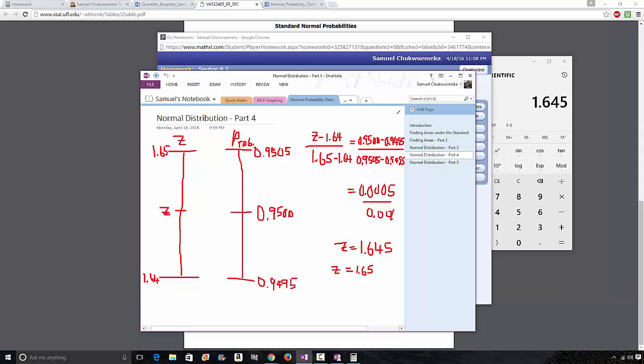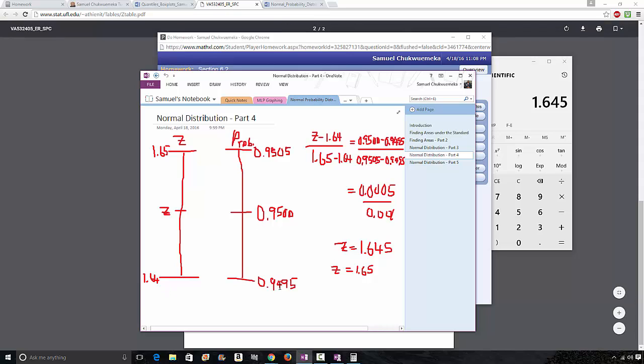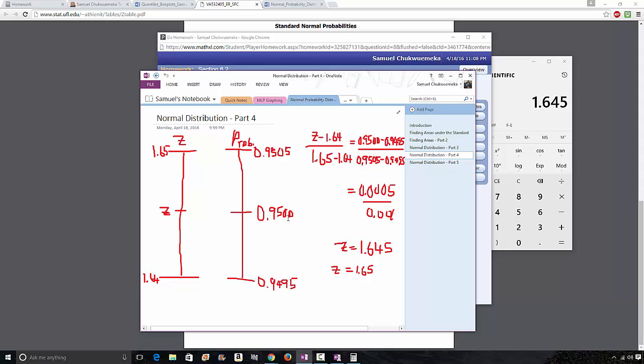Which one is closest? Is it 0.9495 or is it 0.9505?